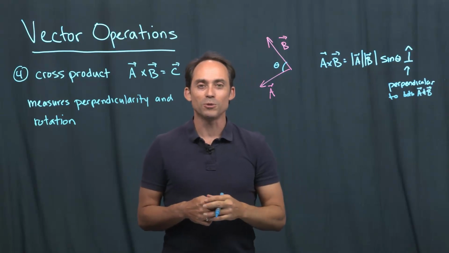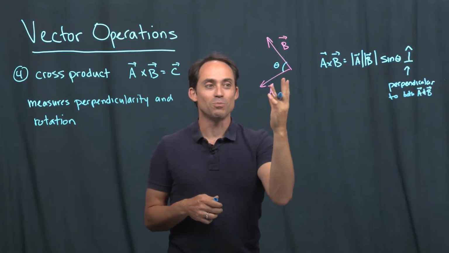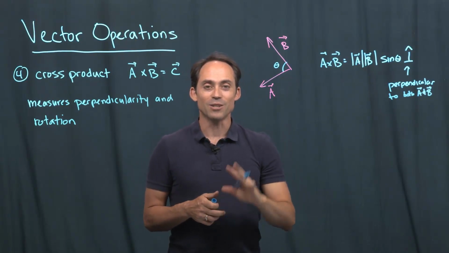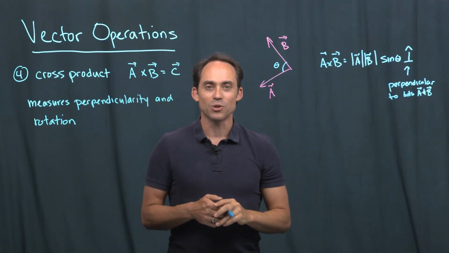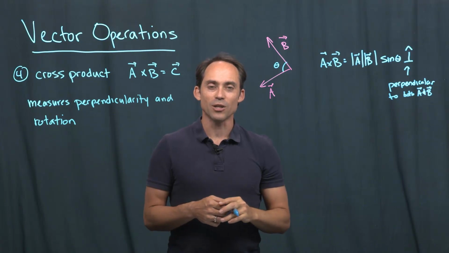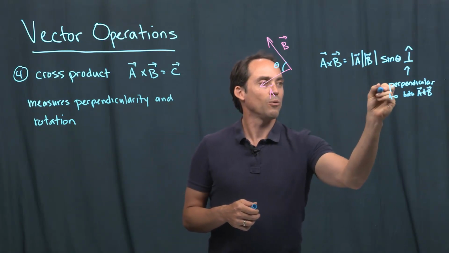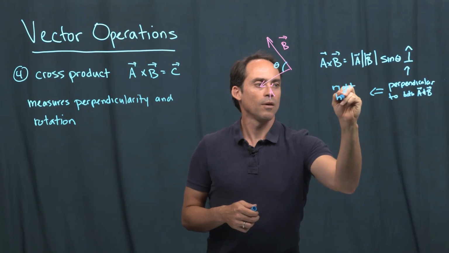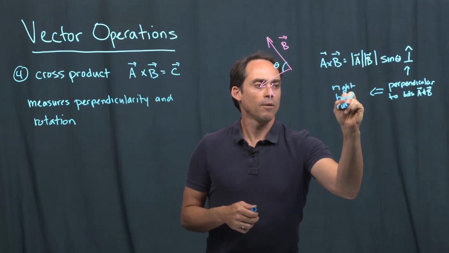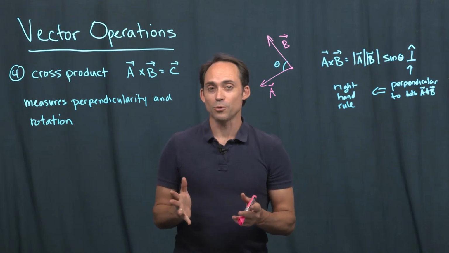Now, how in the world do we get a vector that's perpendicular to both of these vectors? Well, we can't do it on a screen like this. We actually have to jump out into the third dimension. And so the way we actually calculate that direction is using the right-hand rule. All right. So the right-hand rule is pretty easy.